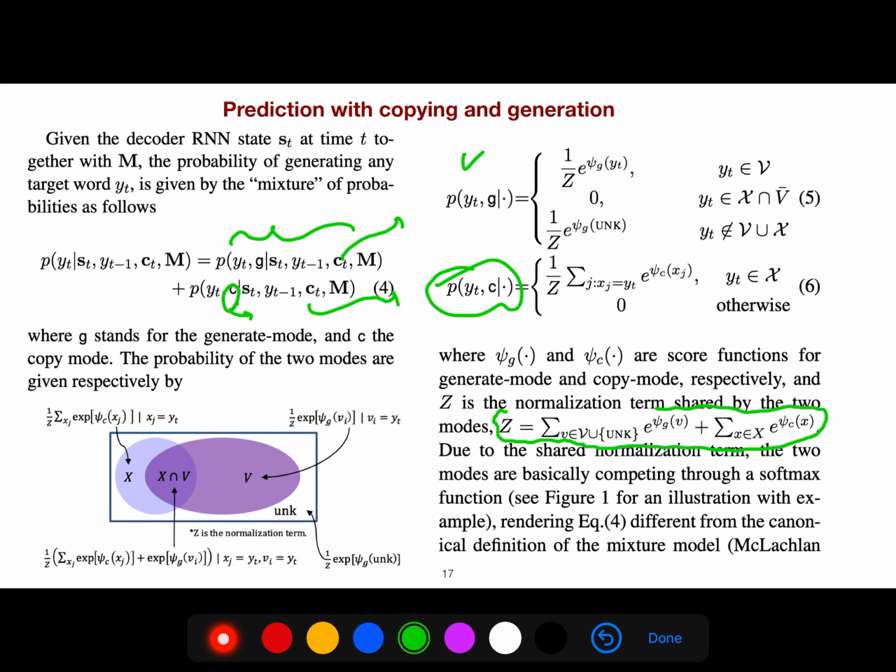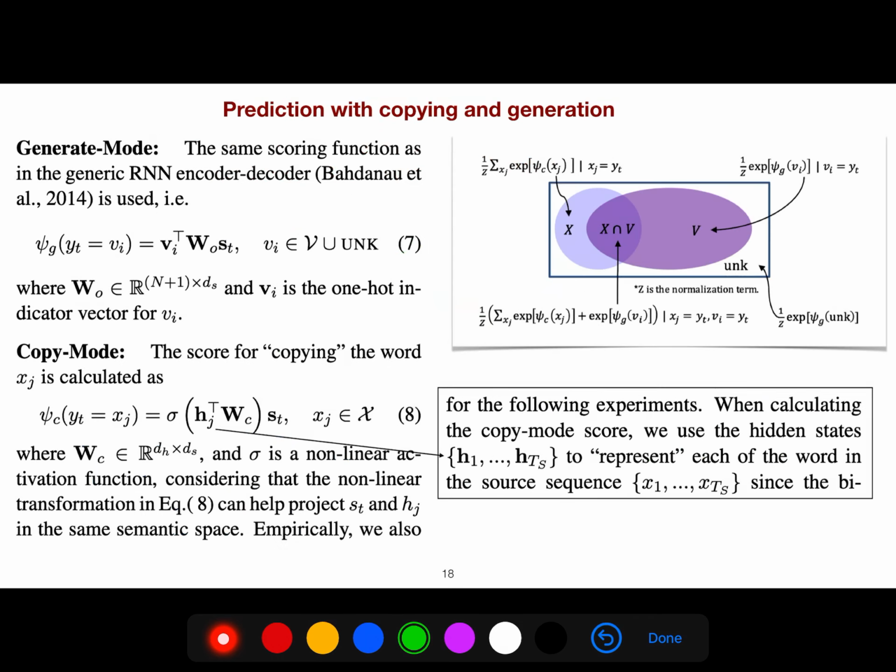And also we have a normalizing factor Z here. And so in the generate mode, we just used a simple function in order to relate what is in the output, we just use the Bahdanau attention mechanism in 2014 that has got more than, I think, 300,000 maybe citations.